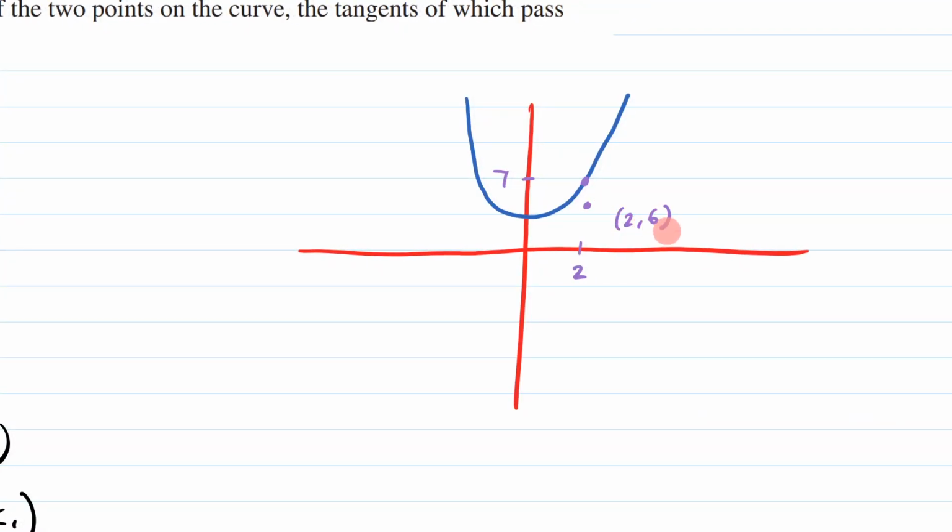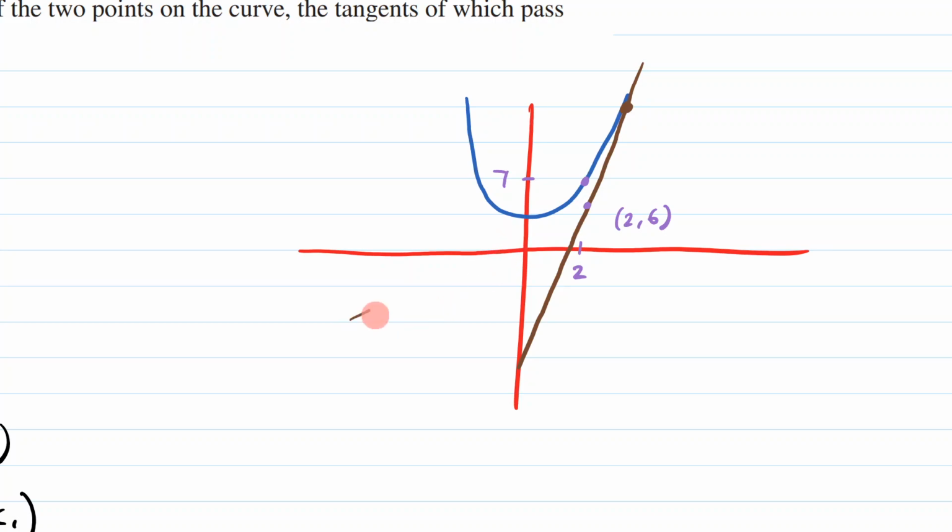All right, we need to find the tangent, a line that's tangent to this graph that passes through here. So you can already imagine where it's going to be. I'll probably have one about here, and as you can see, it just slightly touches the graph there.